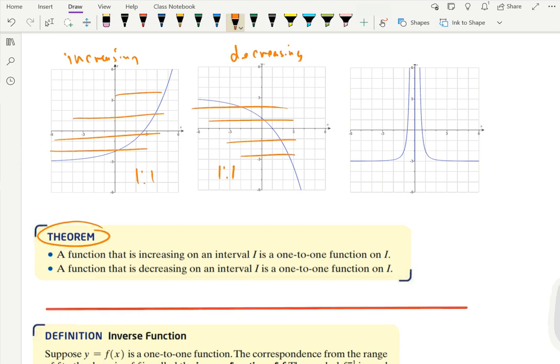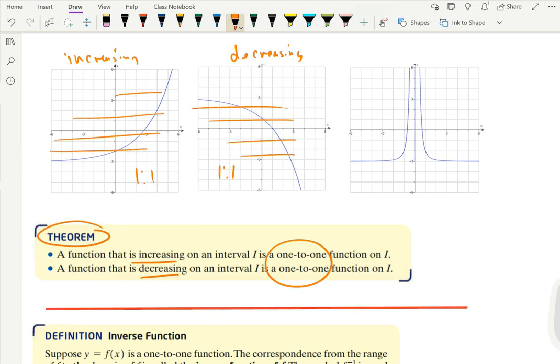A function that is increasing on an interval is going to be a one-to-one function, because part of how we define increasing is that for every x value on the right of an x value on the left, the y value on the right was bigger than the one on the left. And just the converse of that, or the reverse rather, for decreasing functions. So every increasing or decreasing function will always end up being one-to-one.